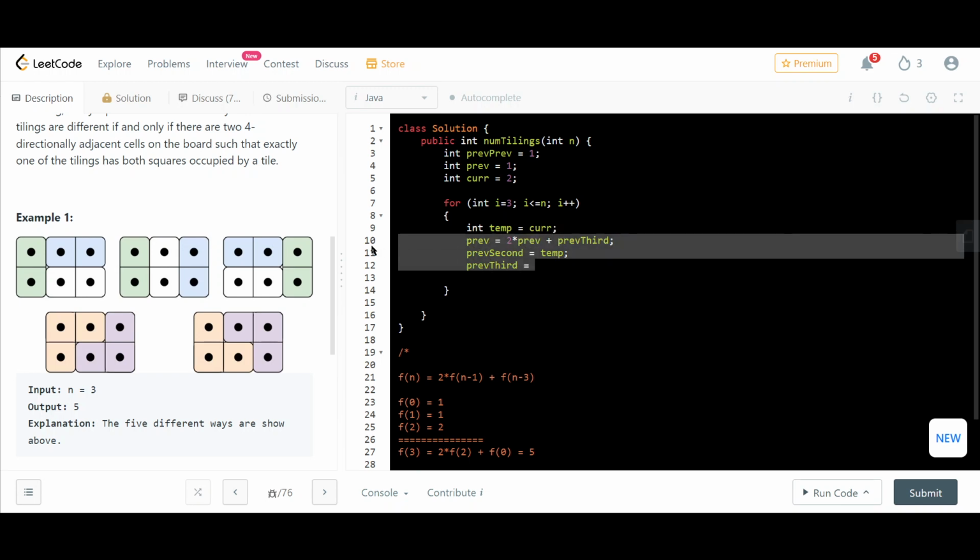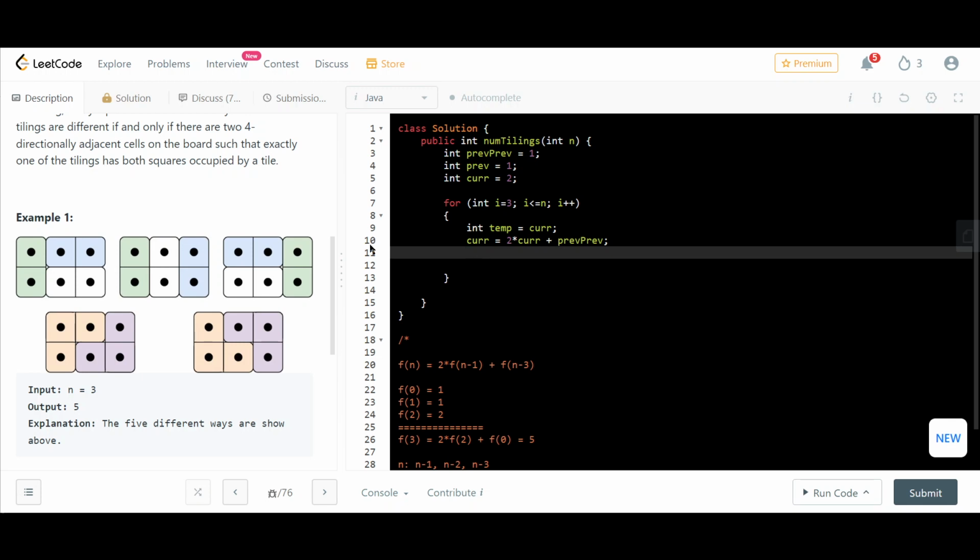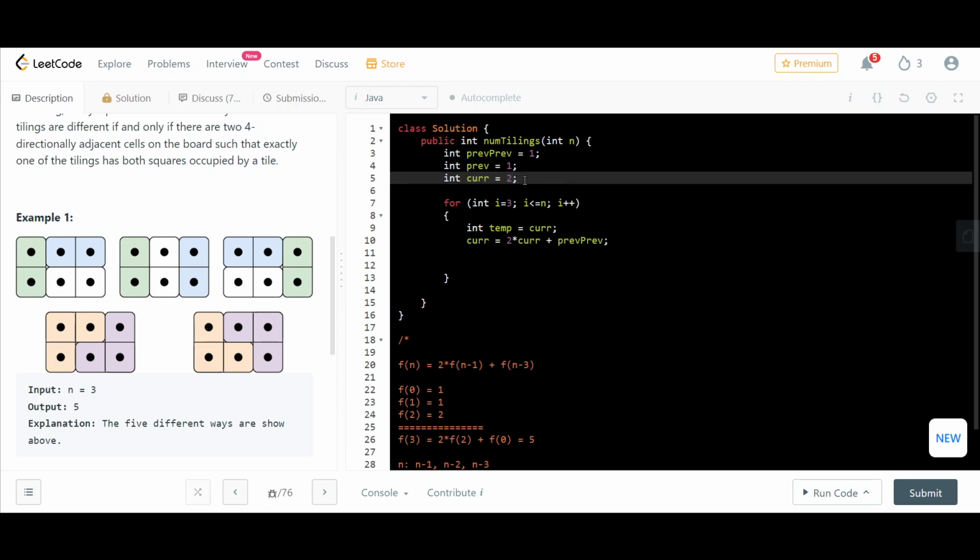So now let's clarify things. Current equals 2 times current plus previous, which is all good. Now current is set. Now previous has to become what? Previous has to become temp. So this is done. You calculate this new.